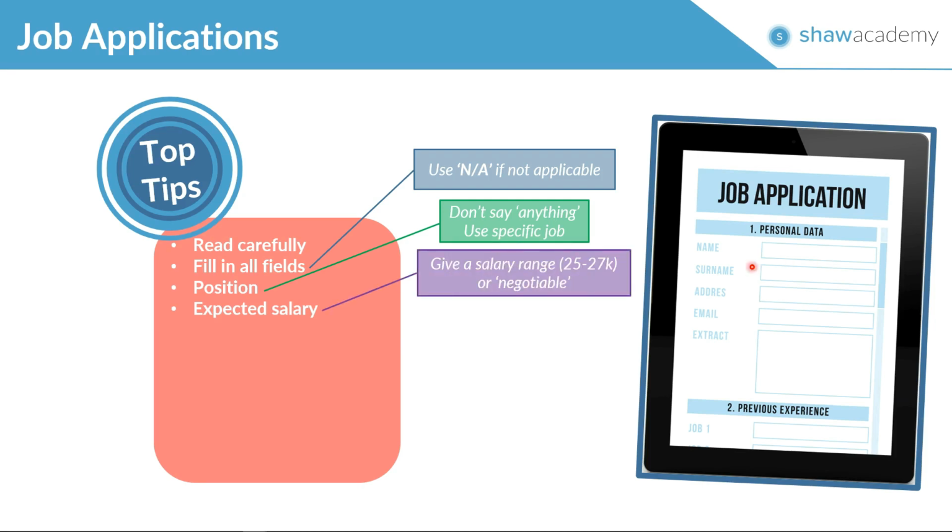So for example, 25 to 27,000 or something. So a range, not an exact salary, from this amount to this amount. Or write negotiable. And negotiable means that you are willing to negotiate. You're willing to talk about what salary you would receive. Okay? Use one of these responses.